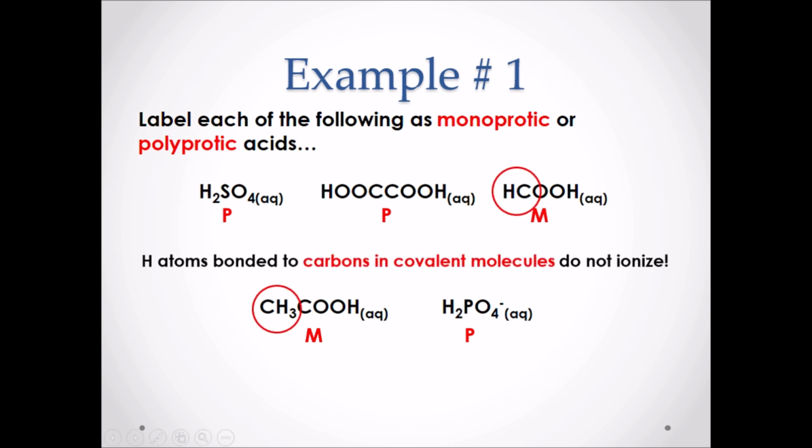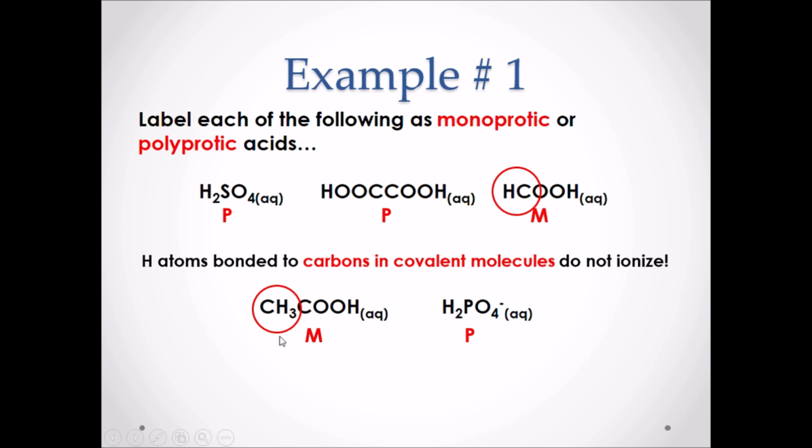The reason why is because hydrogens directly attached to a carbon in a covalent molecule will not be able to be removed. They will not ionize. Therefore, the only hydrogen that can be removed from this chemical formula is the hydrogen at the end, making this acid monoprotic.